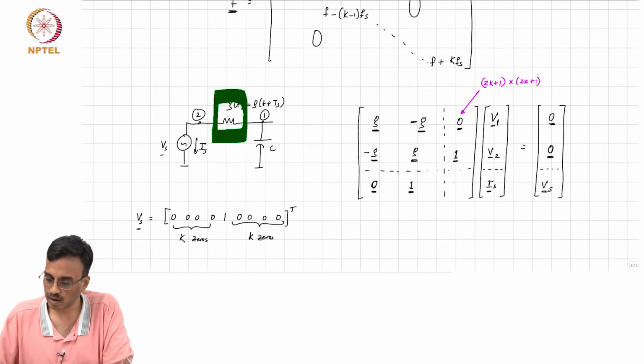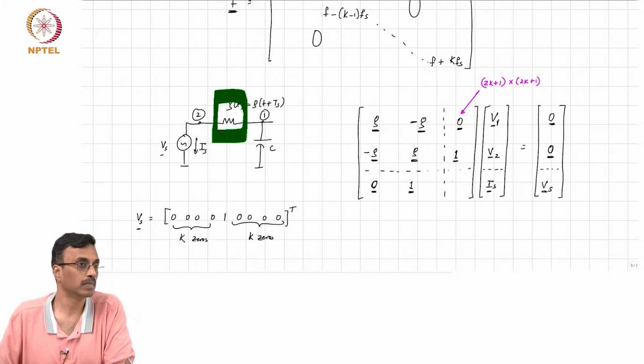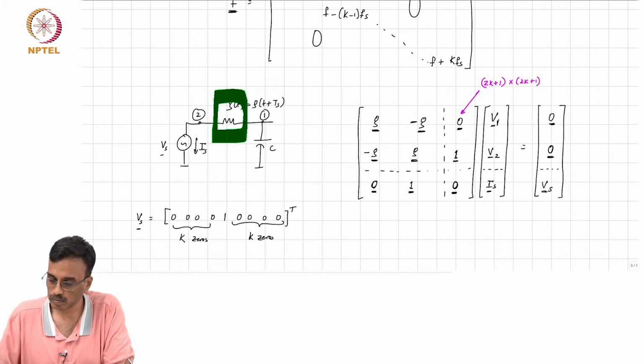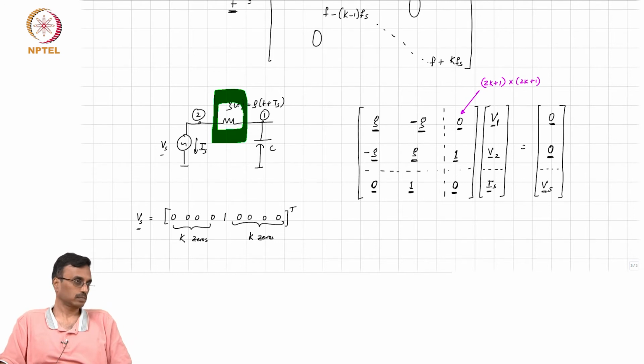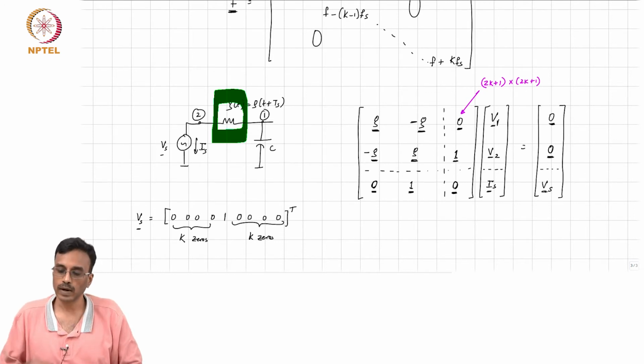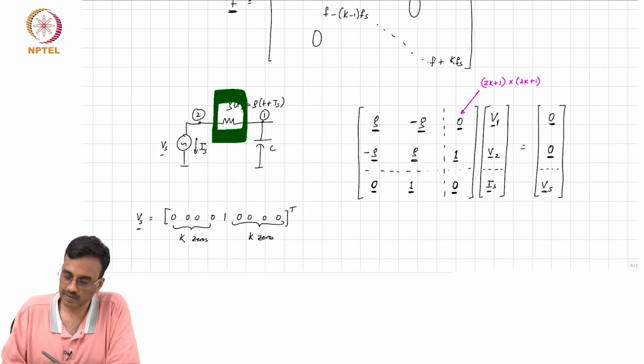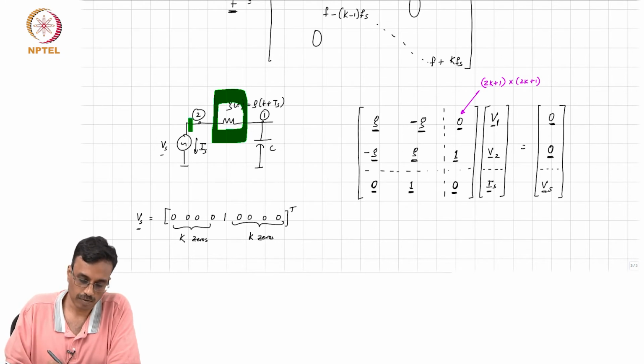What about last row, last column? 0. All right. So, that takes care of these two elements.